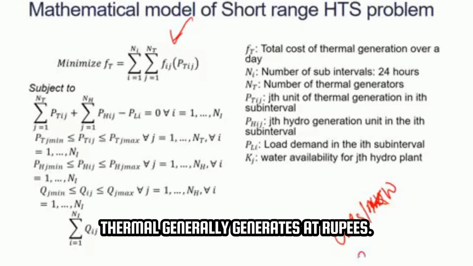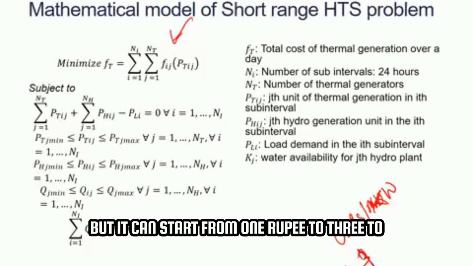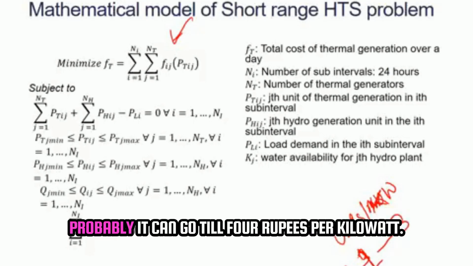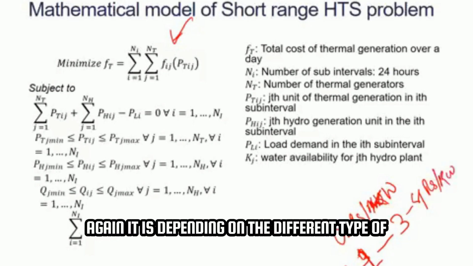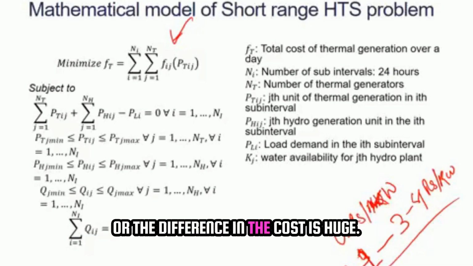Thermal generally generates at rupees, depending on the type of power plant, starting from 1 rupee, to 3, and it can go up to 4 rupees per kilowatt. Again, it depends on the different type of thermal power plant. So obviously you can imagine the quantum of the difference in cost is huge.